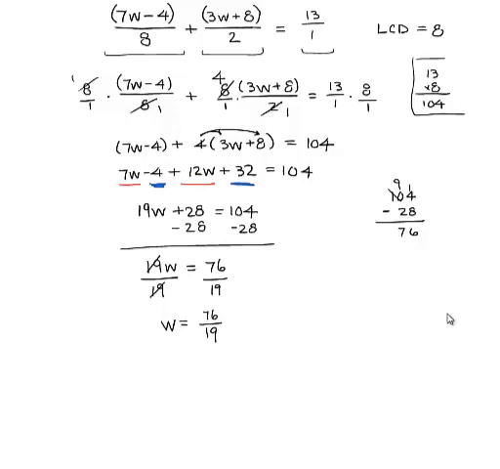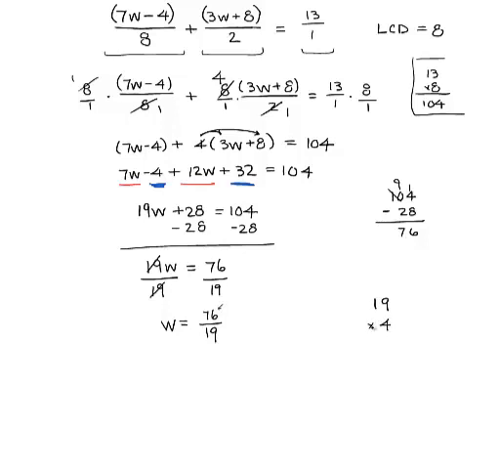So now the question is, can 76 over 19 be reduced? It's not obvious at first, but I know 19 is prime, so I ask myself, does anything times 19 give me 76? I can look at my last number here, right? So I have a 6. I'm thinking, what times 9 might end in a 6?